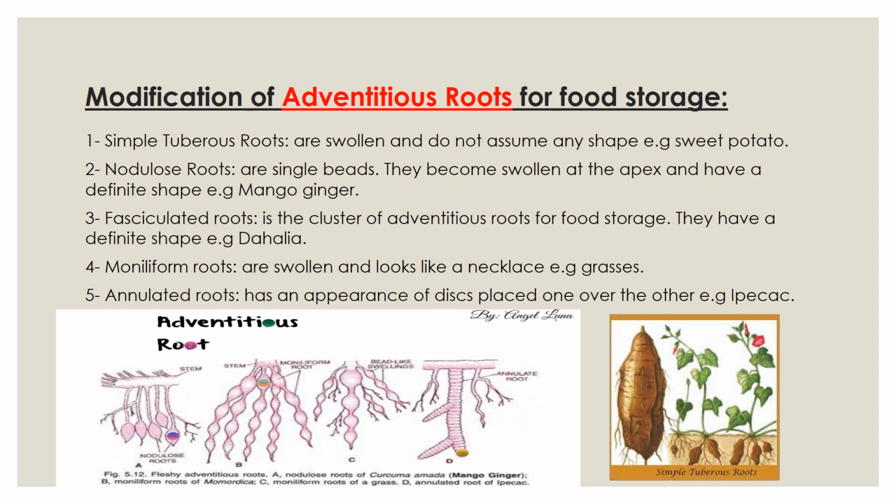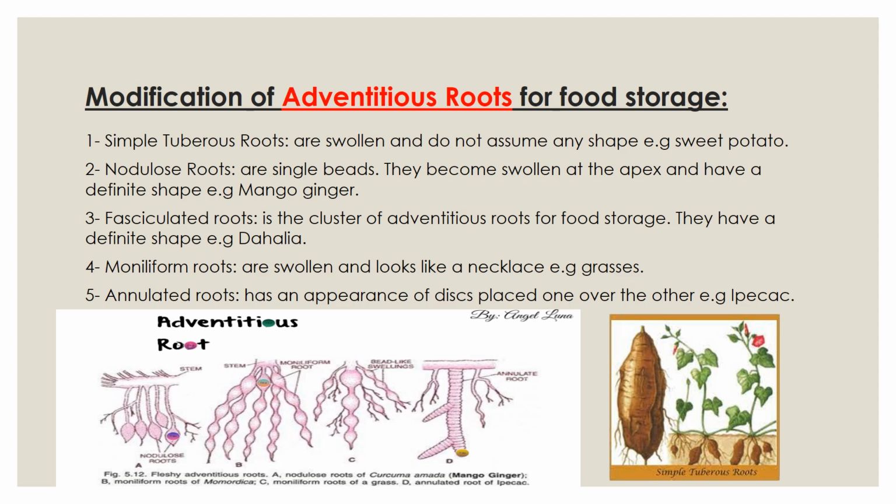You can see the necklace shape, and also in C we can see the bead-like necklace. This one is the grasses' adventitious roots, which have this type, moniliform roots, B and C.